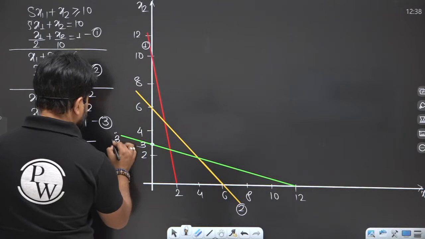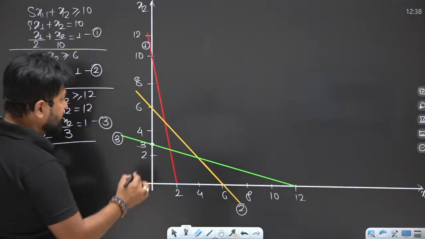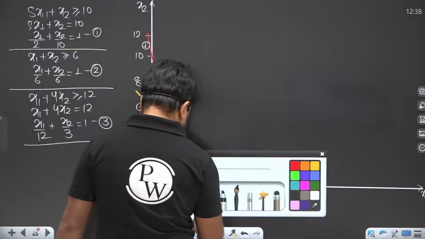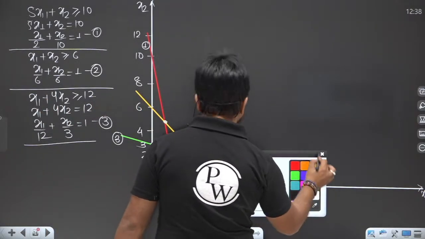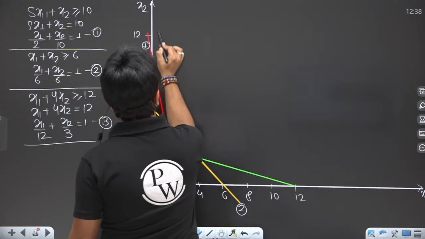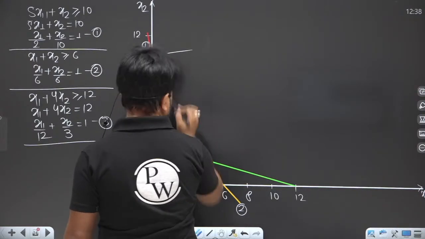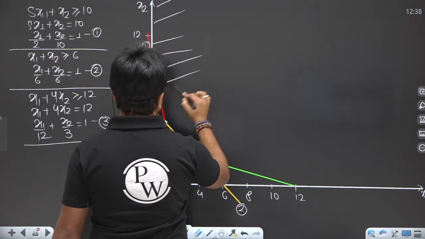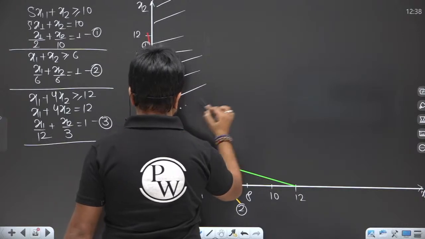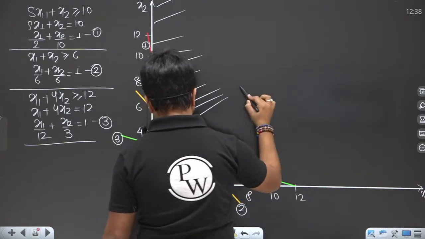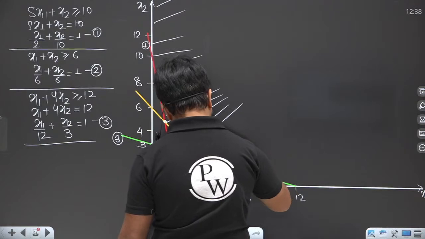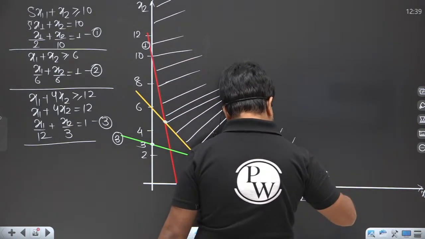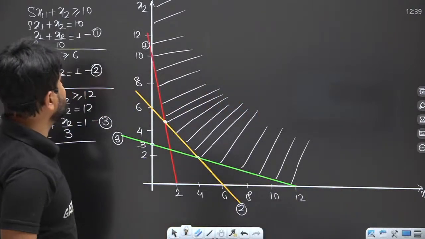This is line 3. My dear, you can see the intersection will take place here, and the graph will come this side. Please see. This is the graph.